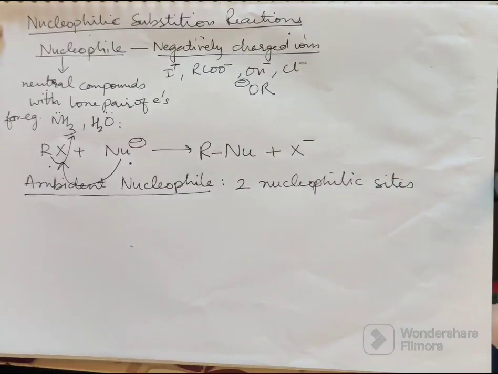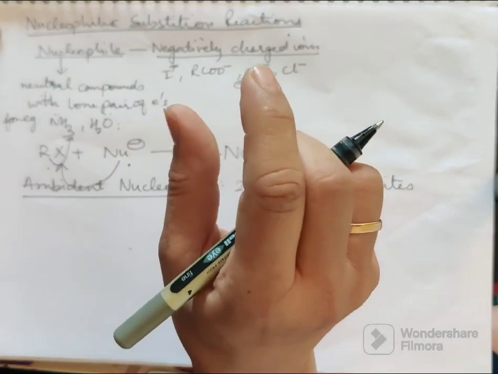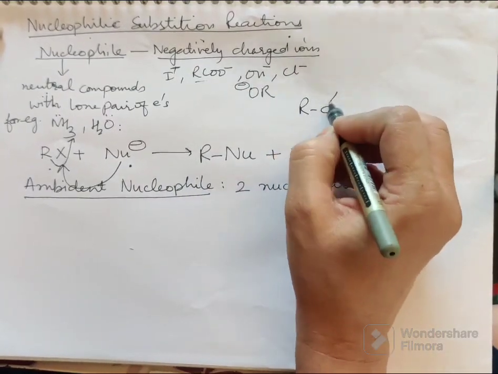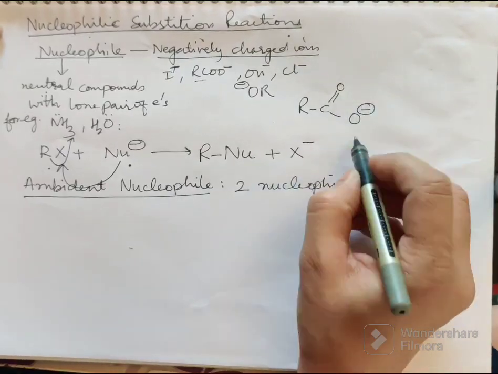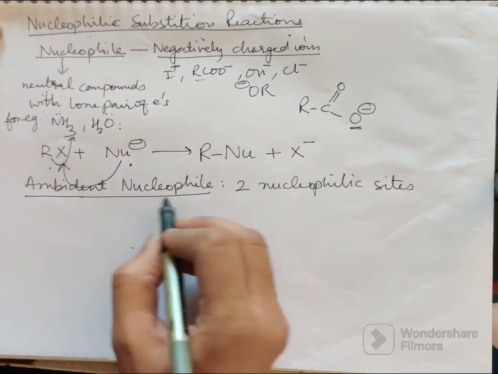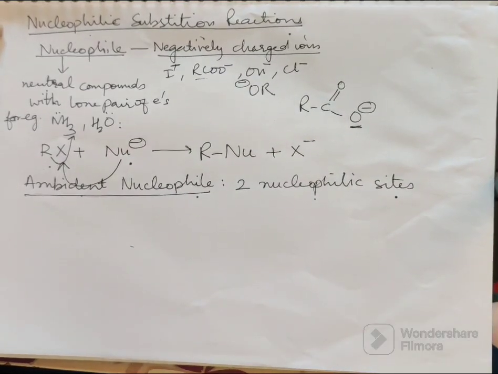Which means that group or that nucleophile can attack from two atoms. If we look at RCOO minus, it can attack only from oxygen. It has one nucleophilic site. But ambident nucleophiles have two nucleophilic centers or two nucleophilic sites.